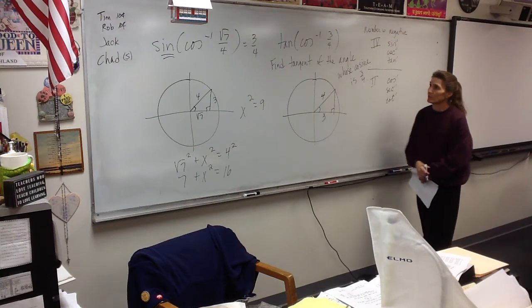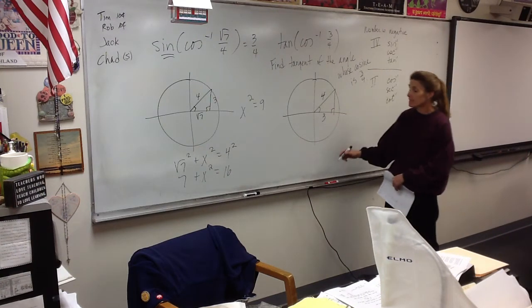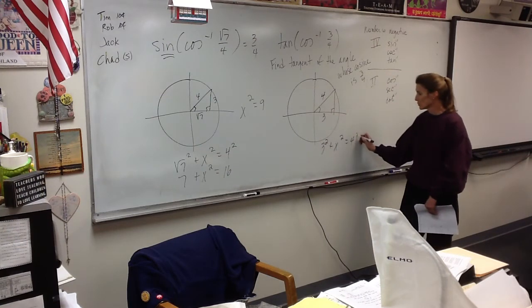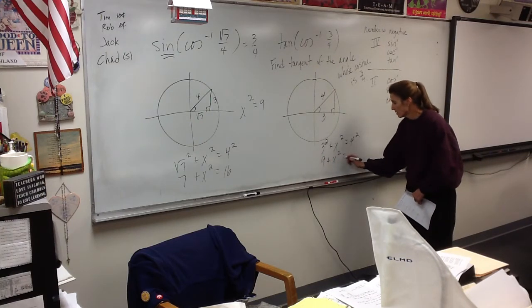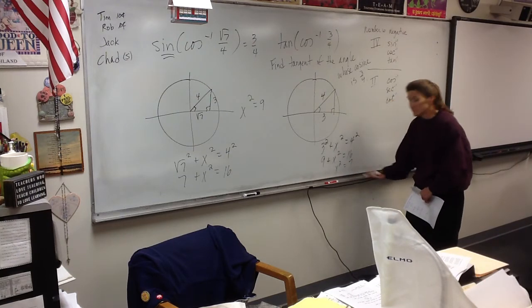Well, I need that side, so I'll say 3 squared plus x squared equals 4 squared. 9 plus x squared equals 16. X squared equals 7.